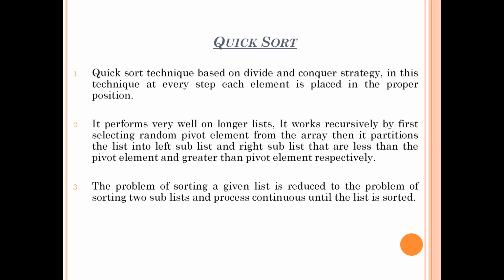Why? Because the time complexity of quicksort is less compared with other sorting techniques. Whenever the value of n is large, the difference in time complexity will be much greater. That's why we say it works fine on long lists.